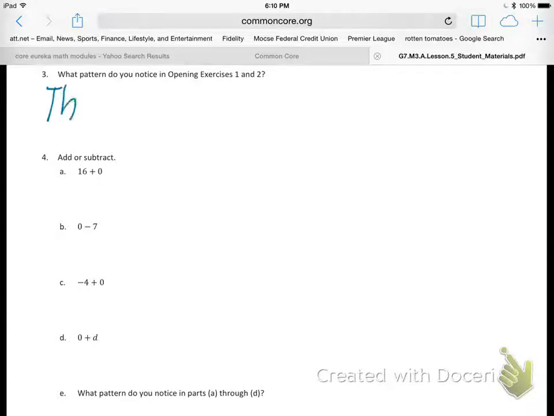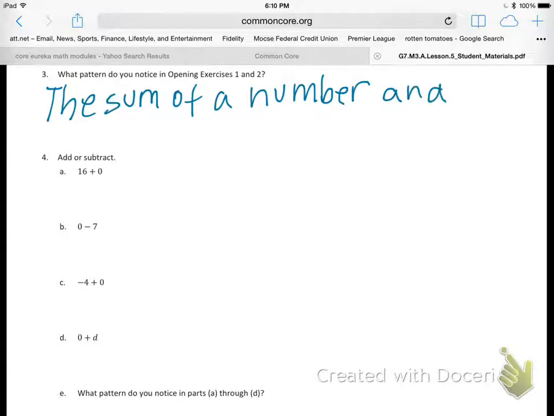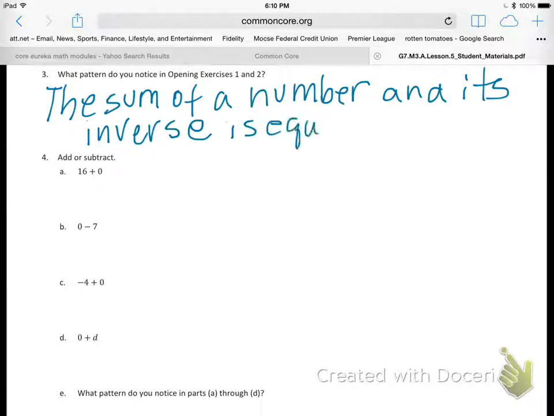So the sum of a number, and this is something we've talked about many times before, but it doesn't hurt for some of us to hear it again, and its inverse, because evidently they want to remind you of this because it is coming up in upcoming lessons. We know this. The sum of a number and its inverse is equal to 0. All right. So go ahead and do 4.